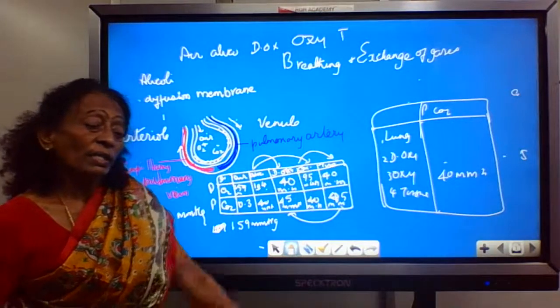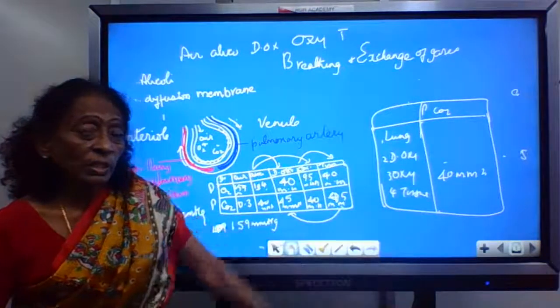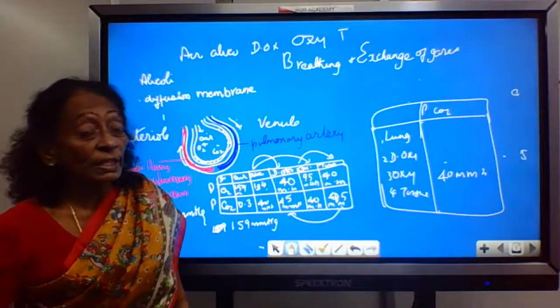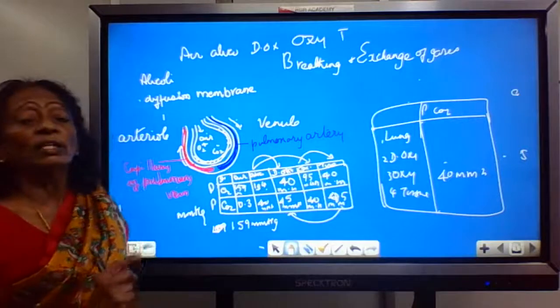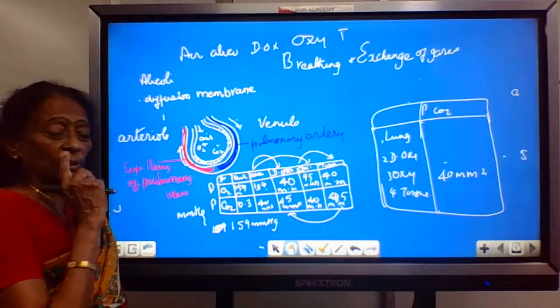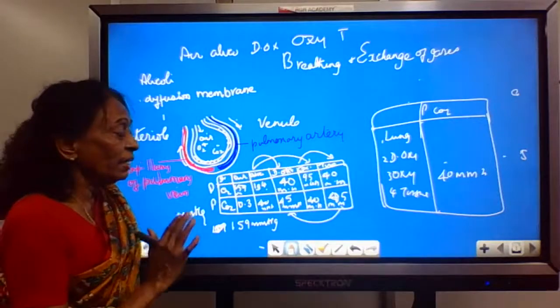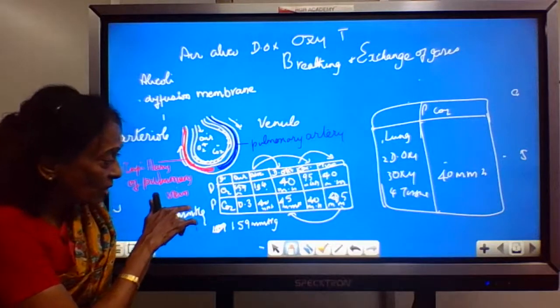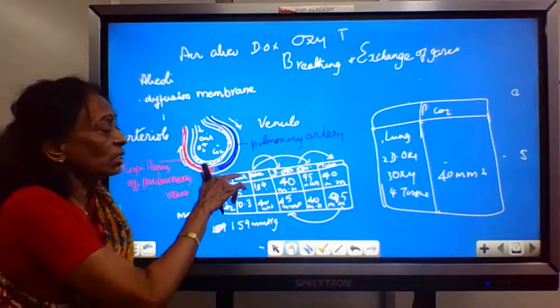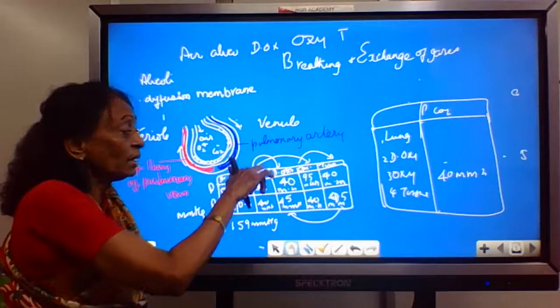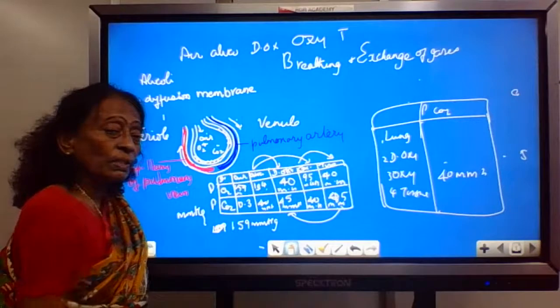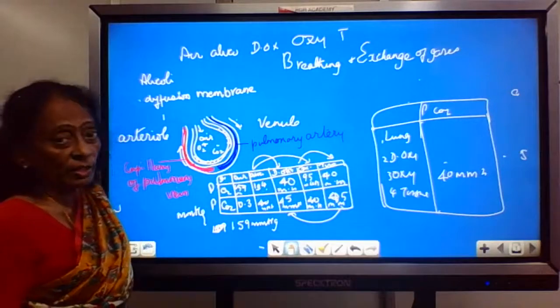Why? Artery has got deoxygenated blood. So they can ask you, if they say arterial blood, you should only think of systemic artery. But they won't word it so tricky. Arterial blood, in the case of your respiratory system, deoxygenated blood represents the arterial blood. Oxygenated blood represents the venous blood in pulmonary circulation.